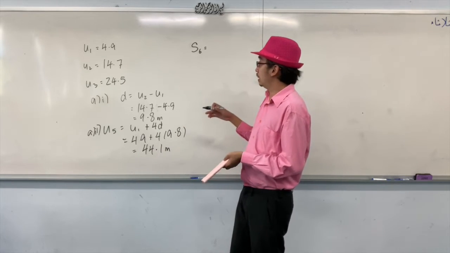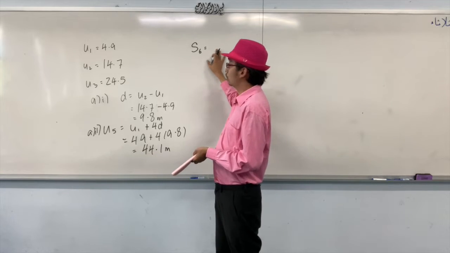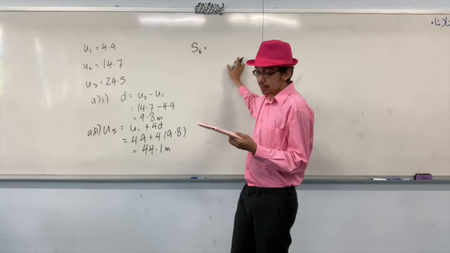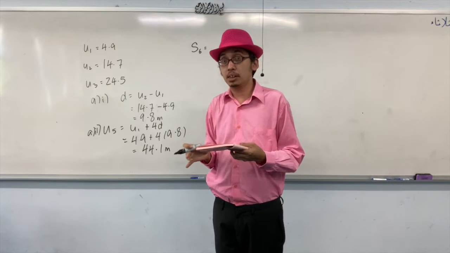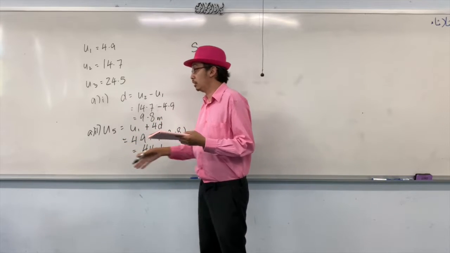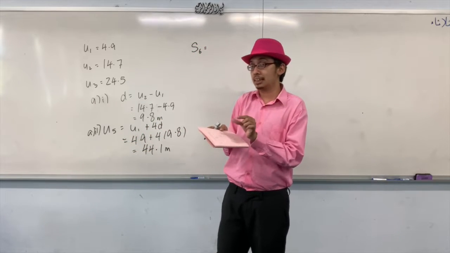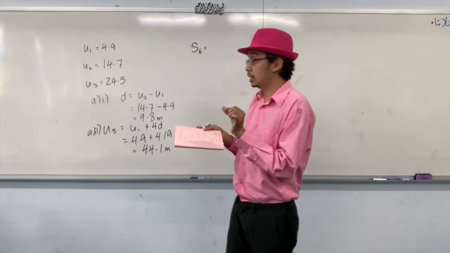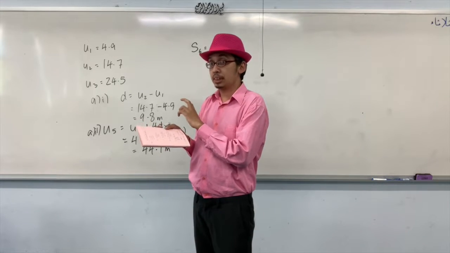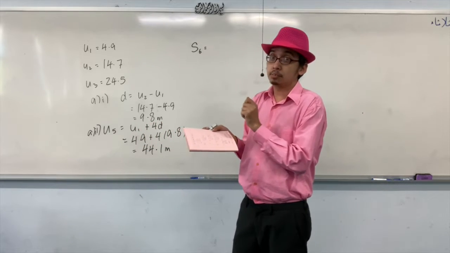Or you can use Sn equals n over 2 times (first term plus last term), but in this case we do not have the last term, U6. They didn't ask us to calculate U6, so you can't use the first term and last term formula. You need to use 2 times the first term, plus (n minus 1)d.